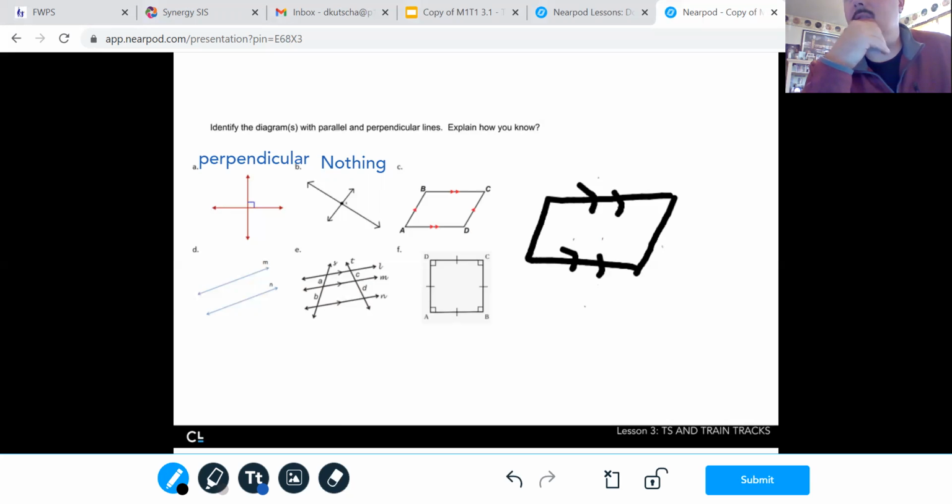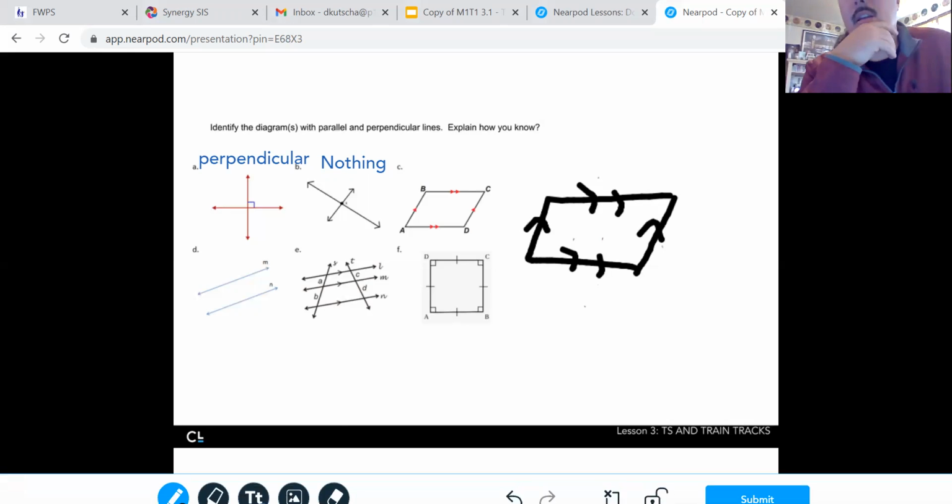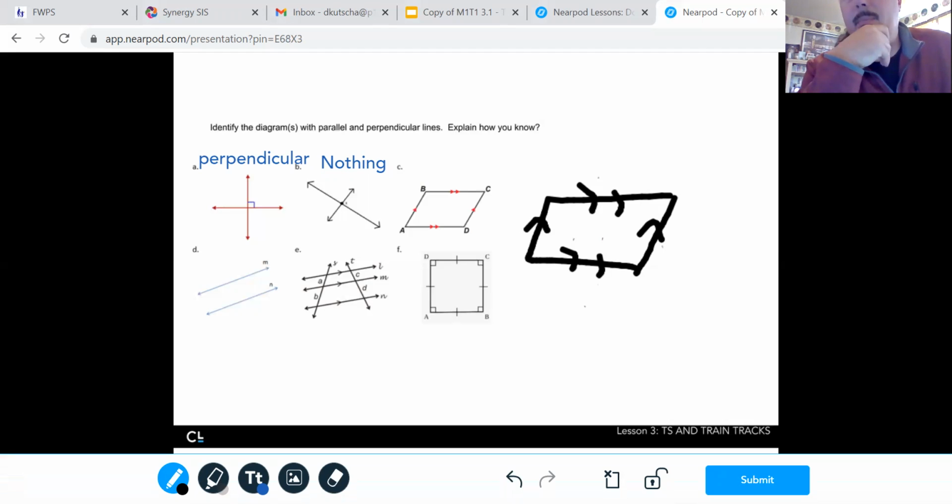So I can say the 2 horizontal lines are parallel to each other. And the 2 vertical lines, because they have the single arrows, those 2 are also parallel. So based off of the information they're giving us in this particular drawing, I can say that yes, we have parallel lines in this example. Can there be perpendicular lines in this?